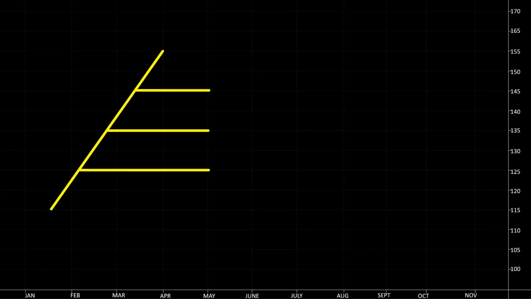So let's say right here is a motive wave up. So we have our motive wave up. It goes from 115 up to 155.